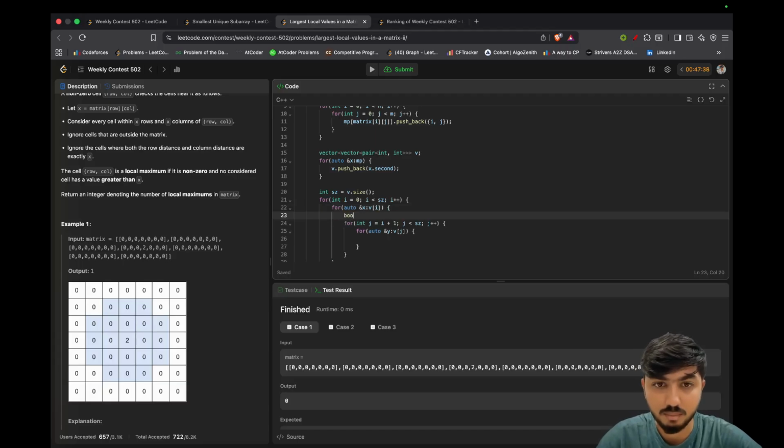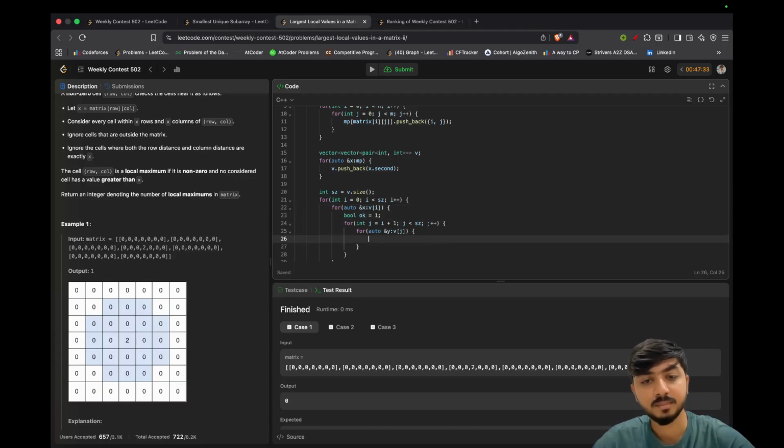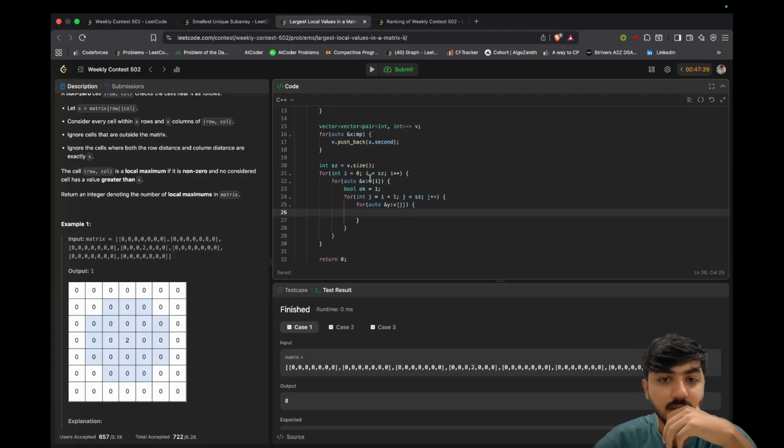Let me make a bool ok is equal to true. So what we are going to check here is, do these two points lie in this area? If yes, then this is not maximal. Okay, yeah.